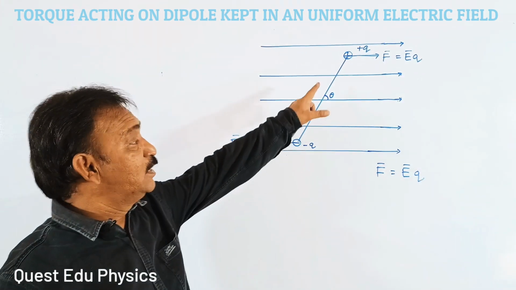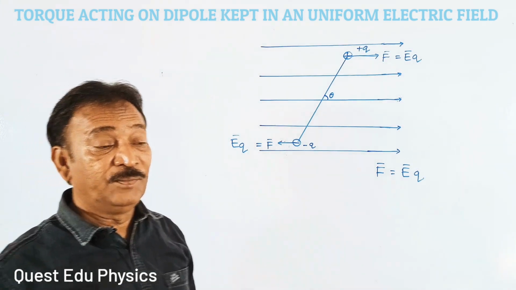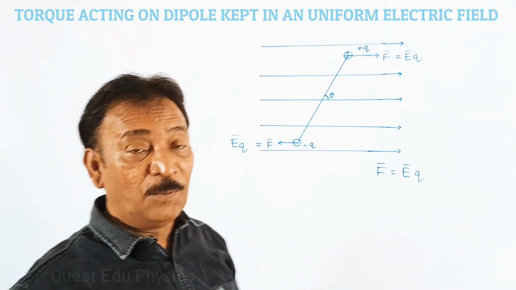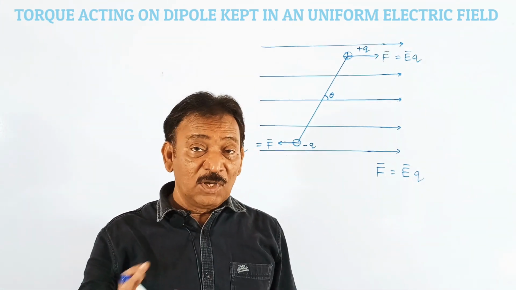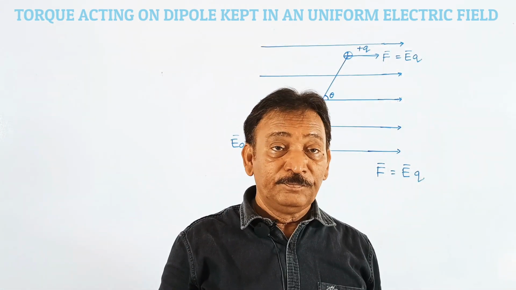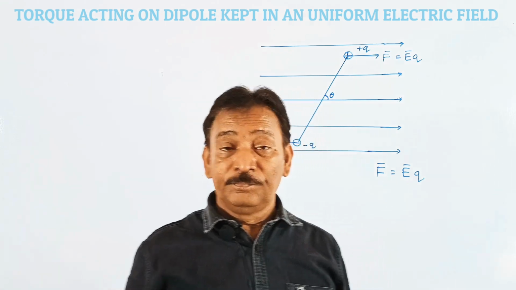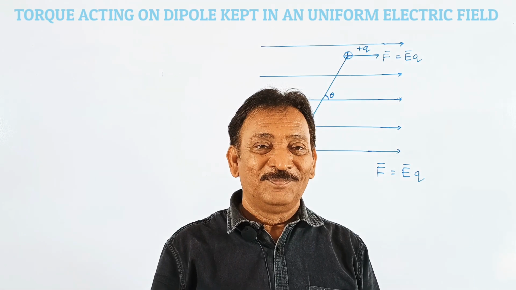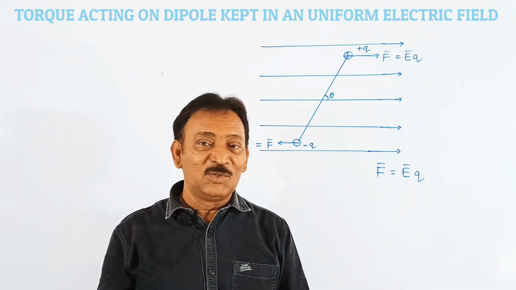These two forces constitute a couple, students. What's a couple? Two forces of equal magnitude acting in opposite directions constitute a couple. And we have plenty of examples of that, students.